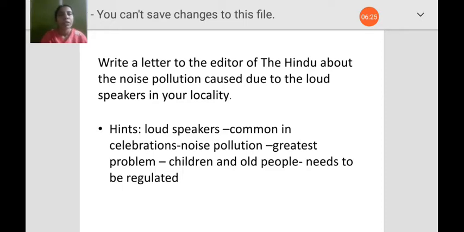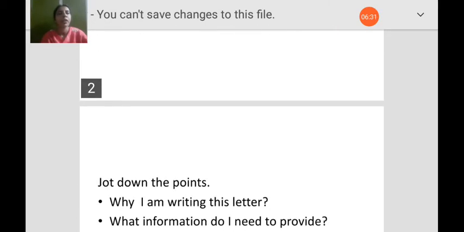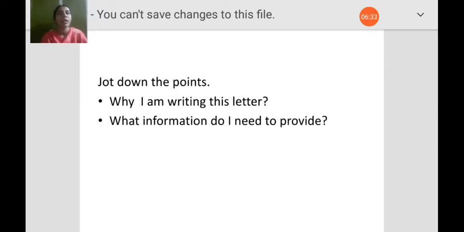So first, what you need to do for that question, look at this. Read these two questions and try to jot down the points for the questions.